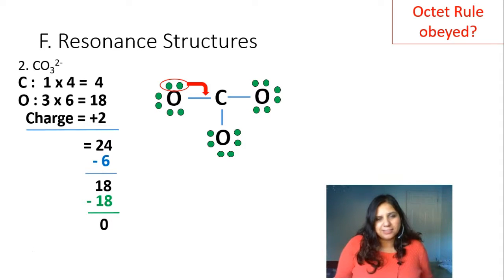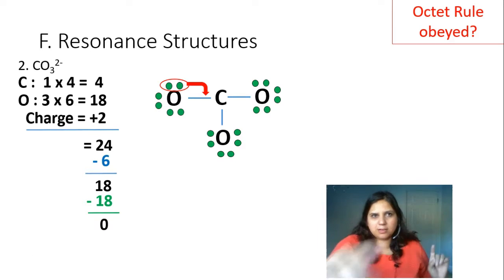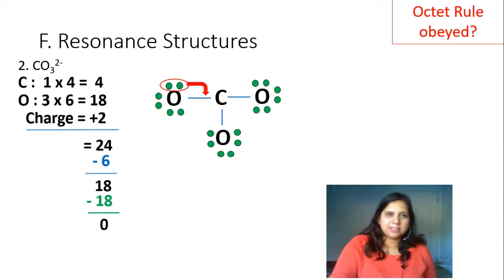So when we steal those 2 valence electrons and make it share and form a double bond between the carbon and the oxygen, then we have an octet on the carbon and an octet on each of the oxygens. And since we could have stolen from either the left, the bottom, or the right, we have to draw all 3 possibilities.